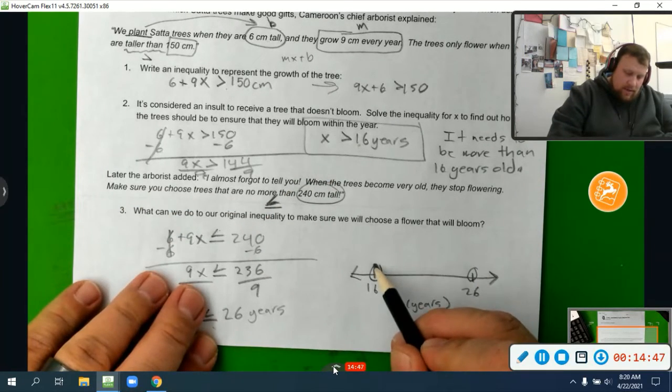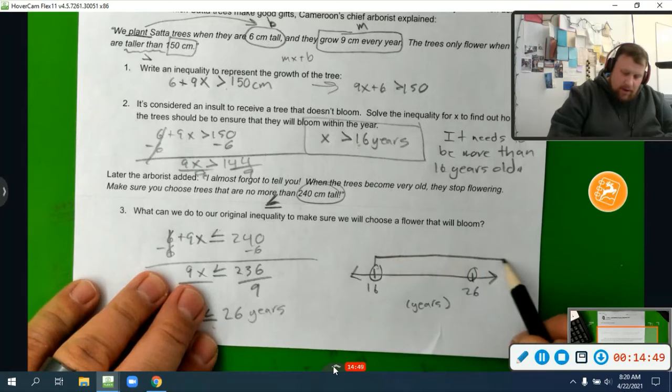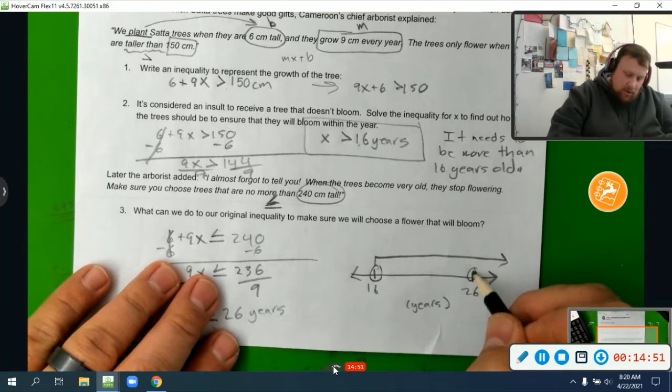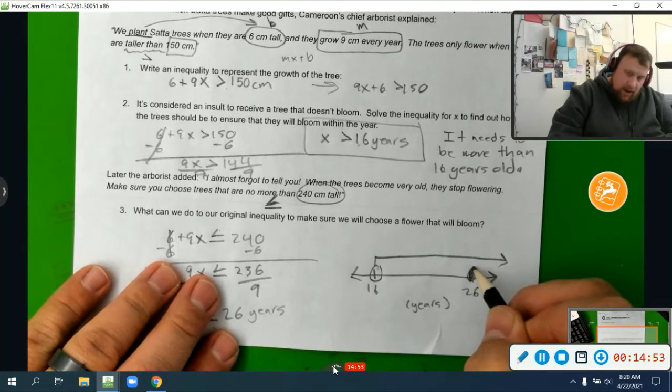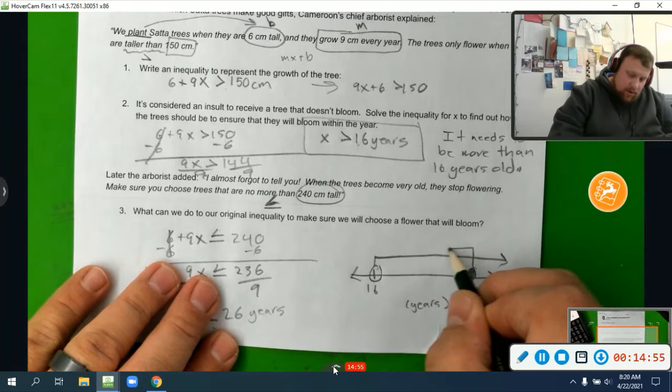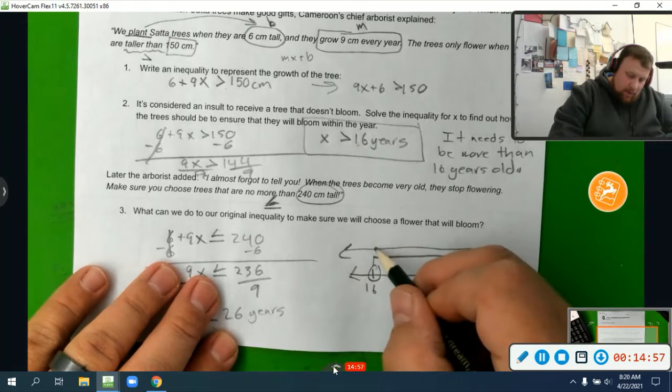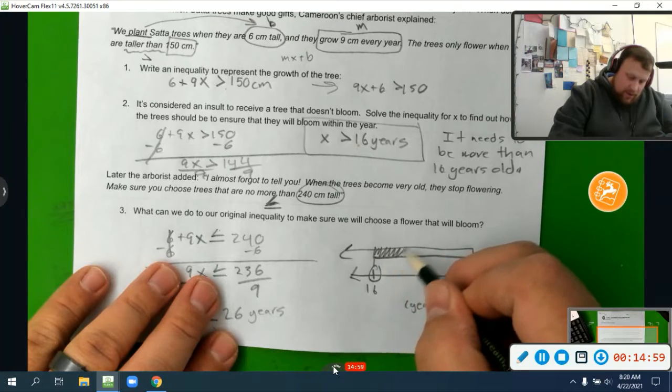So if it's greater than 16 years, it's going to go this way, right? And if it's less than or equal to, closed dot there, I forgot, 26 years, it's going to go this way. And what do we do? We shade in between.